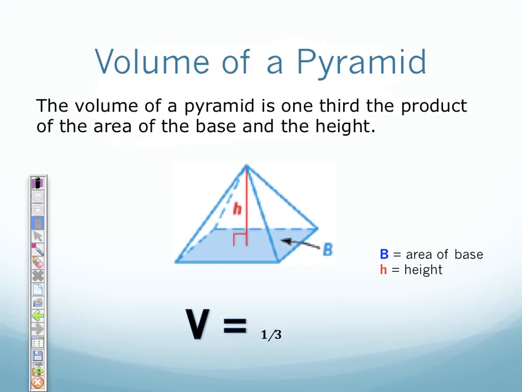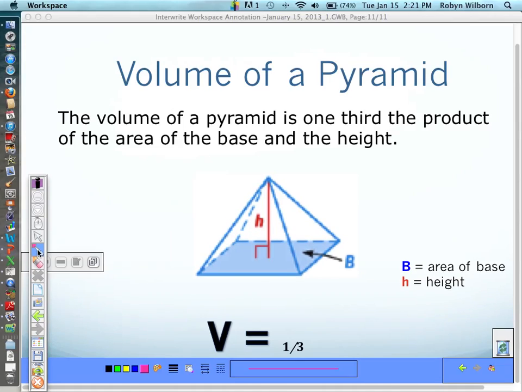All right, let's look at our information and get our highlighter. The volume of a pyramid is 1/3 the product. So you're going to fill in product, and remember that that means to multiply, of the area of the base and the height.